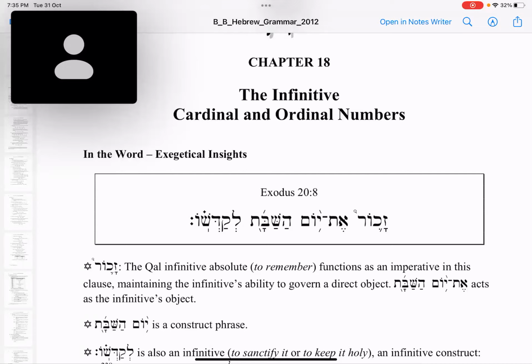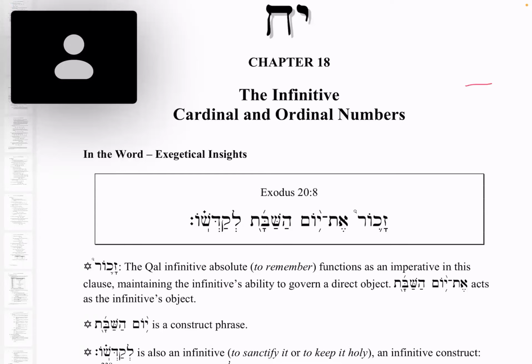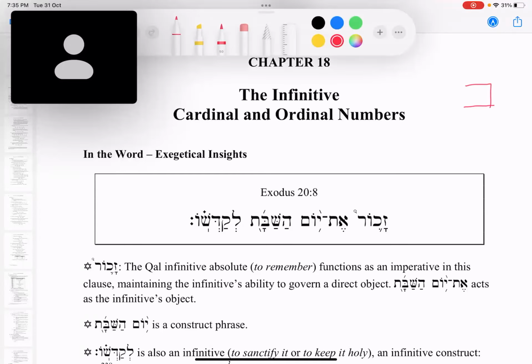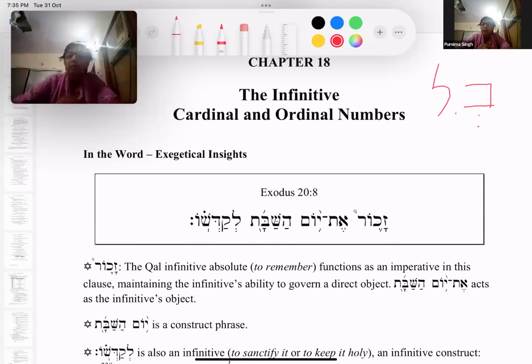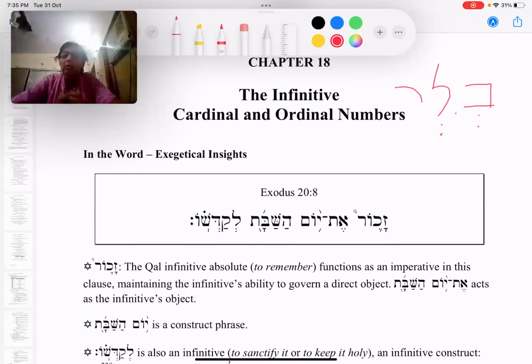Now, already in chapter, I think 7, in the second level course, intermediate, I have taught you 3 inseparable prepositions: bet, then lamed, and kaf, with shva.